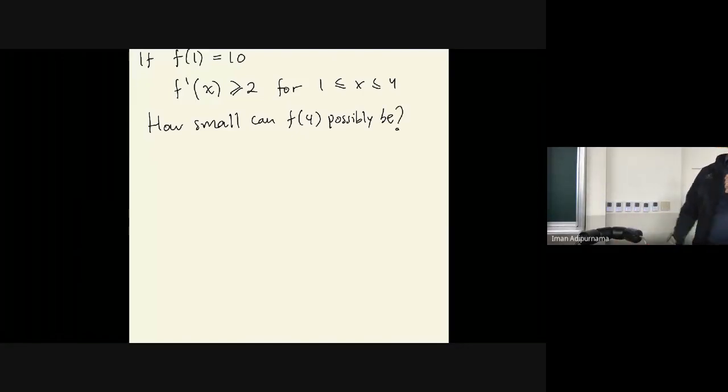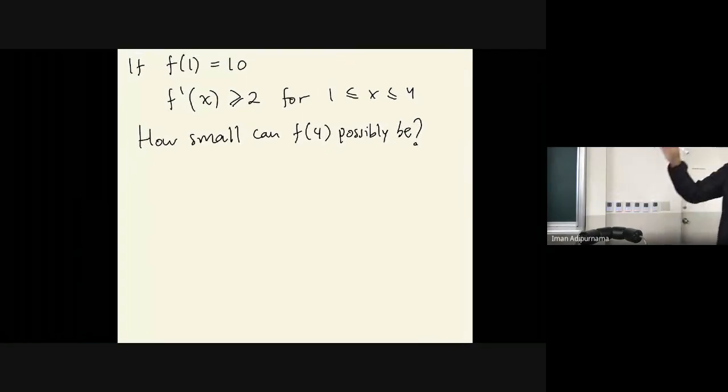So you have the value of the function at some point, you have the derivatives, at least the amount. The question is how small can f of 4 possibly be?